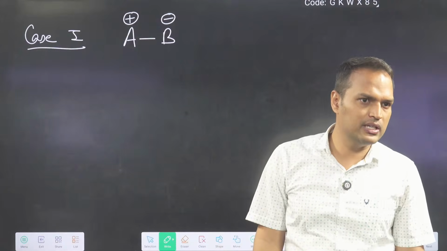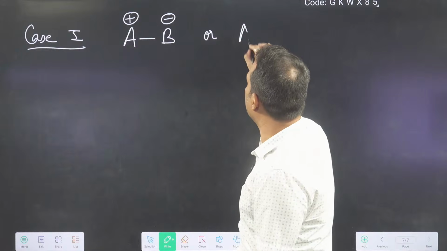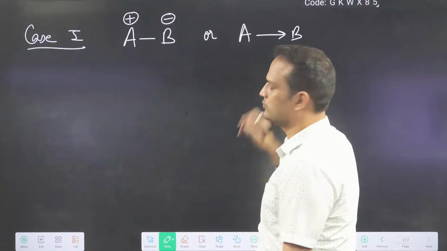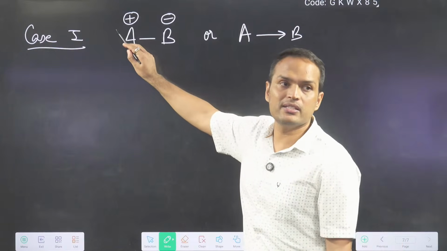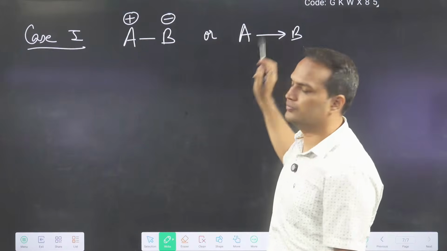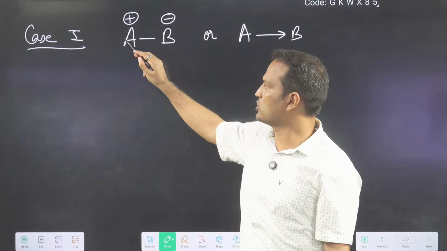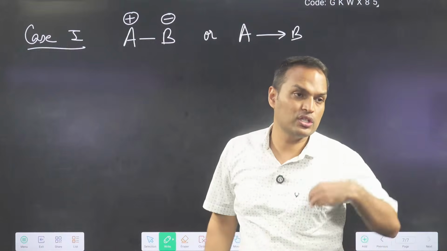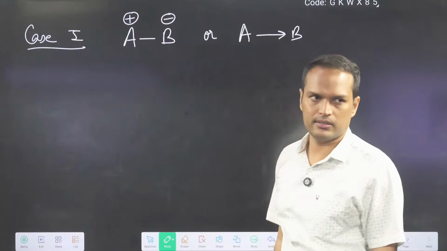You can think that A is sharing a pair of electrons with B. Where there is negative charge, that is getting. Where there is positive charge, that is giving, sharing. Plus to minus.